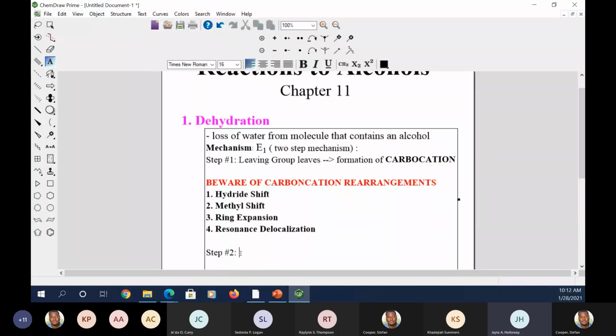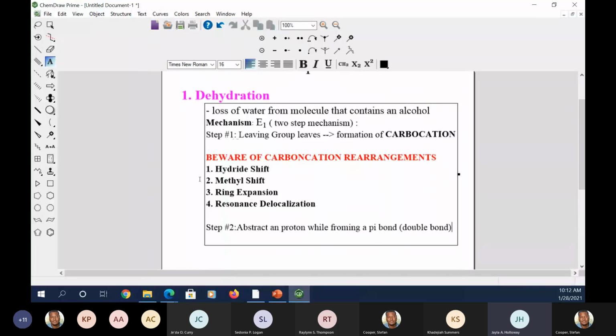Yeah, you're going to extract a proton while forming a pi bond, or you can say a double bond.